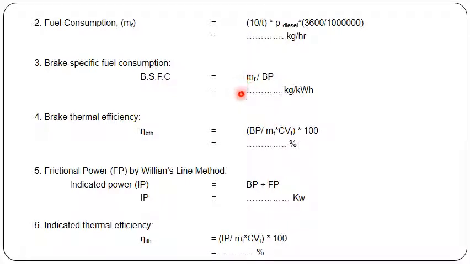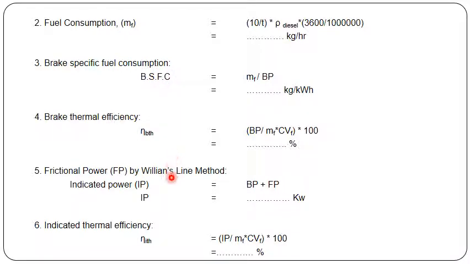If you see these two parameters, brake specific fuel consumption and brake thermal efficiency, they are actually reciprocal of each other. So if brake thermal efficiency is high, specific fuel consumption will be lower. To obtain higher brake thermal efficiency, you should get lower values of brake specific fuel consumption.